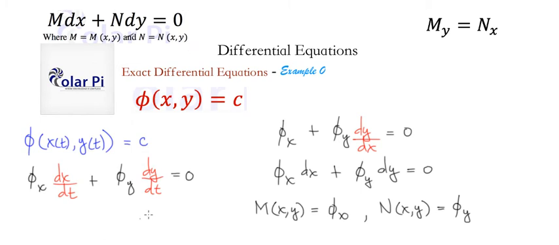All right, now next we need to show why this has got to be true. That's painfully obvious now that we've claimed m to be phi sub x and n to be phi sub y.